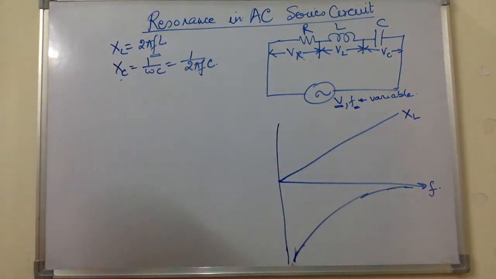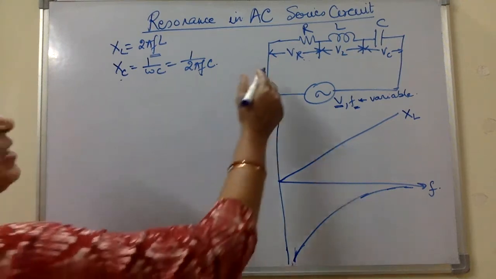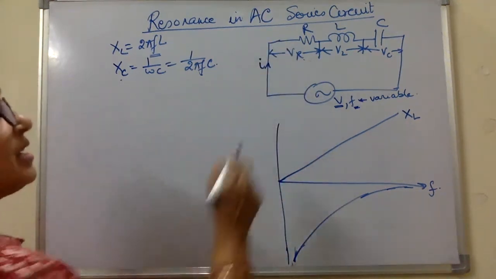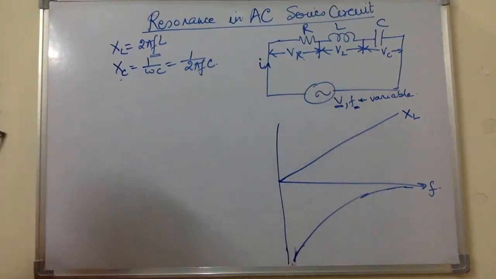voltages across the capacitor and the inductance, they are opposing in nature, because the current is the same, but the voltages are in opposition. When a current I is flowing in this given circuit, the voltage across the inductor will lead the current by 90 degrees, while the voltage across the capacitor will lag the current by 90 degrees.